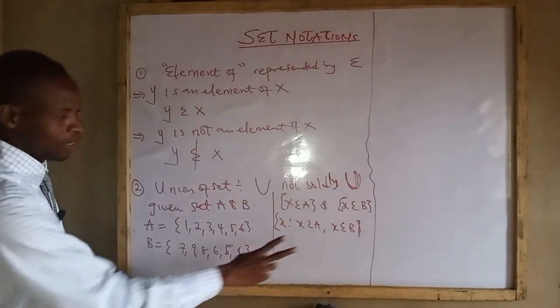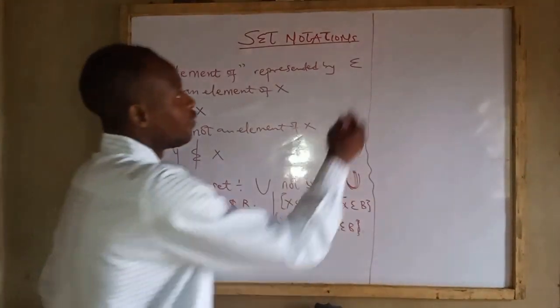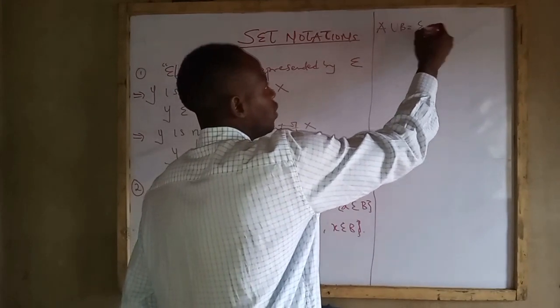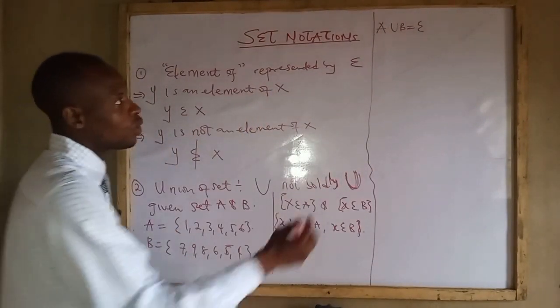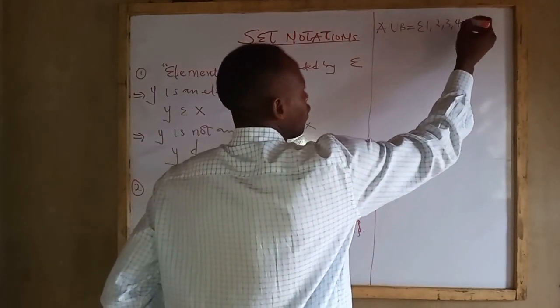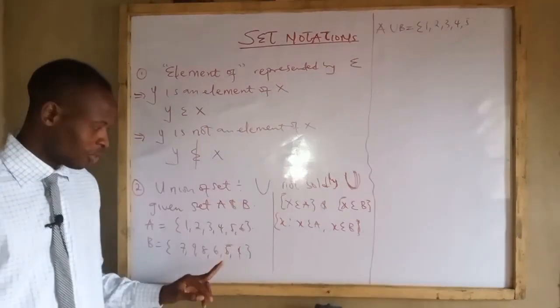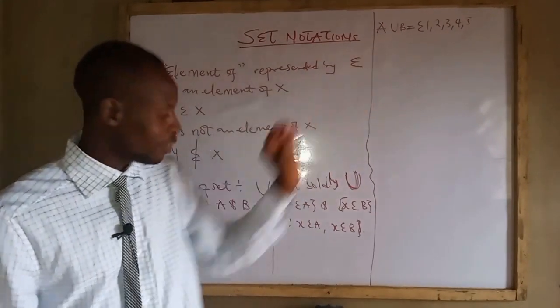So for us to represent these two by getting their union, we say the union is the combination of the two sets' elements without repetition. Therefore A union B is equal to, now I'll combine this and this together. So I'll have 1, 2, 3, 4, 5. There is 5 here and also 5 here, so I'm not expected to write 5, 5, it's simply 5.